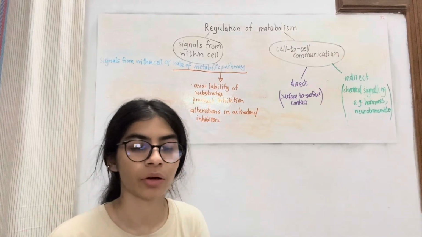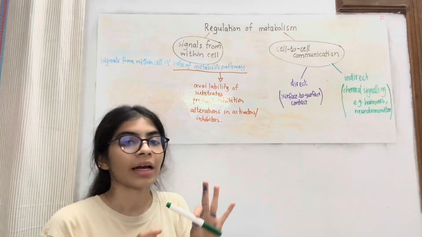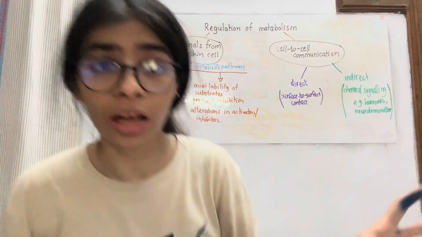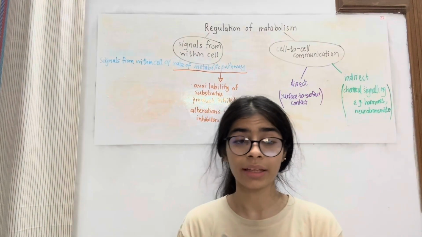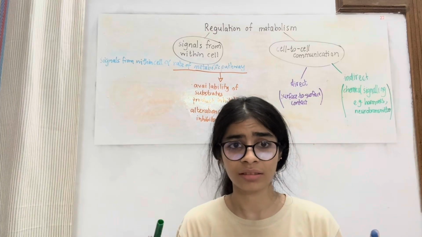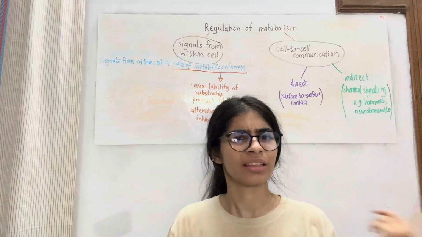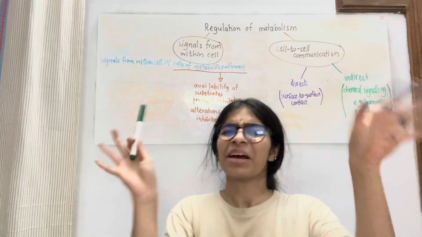For example, let's just say right now your cell has a lot of glucose that it can't digest. I don't know, is insulin used when there's no digestion? Please answer that if you know.